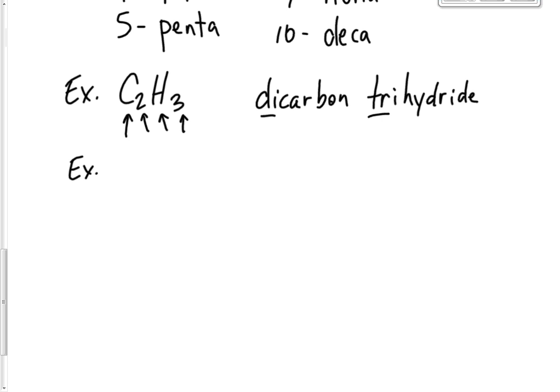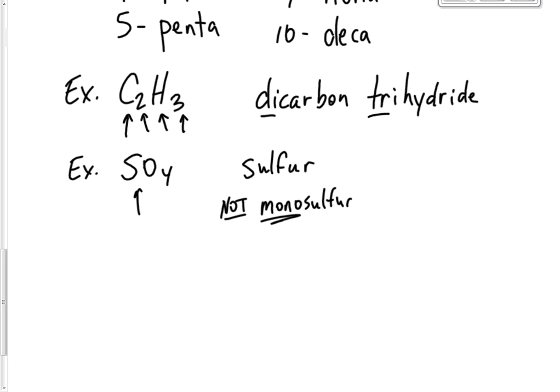Next example, SO4. What's S? Well, S is sulfur. You only have 1, so you're just going to write sulfur, not monosulfur, because you never use mono in your first element. And then you have oxygen, and you've got 4 of them.